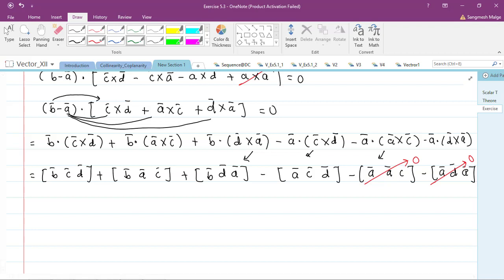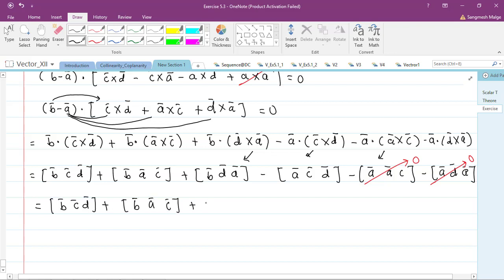So what is remaining is BCD plus BAC plus BDA minus ACD, equal to 0.